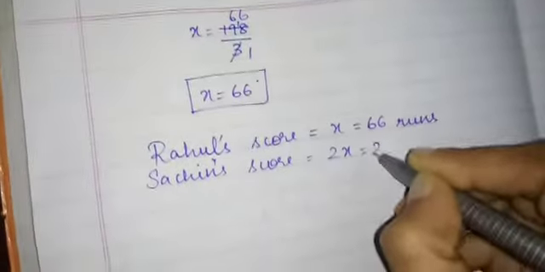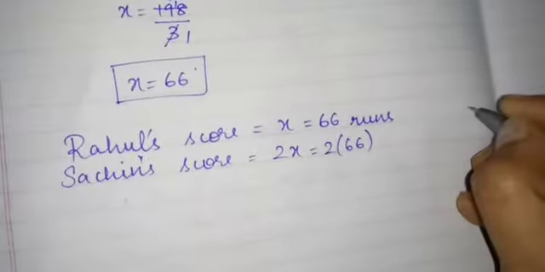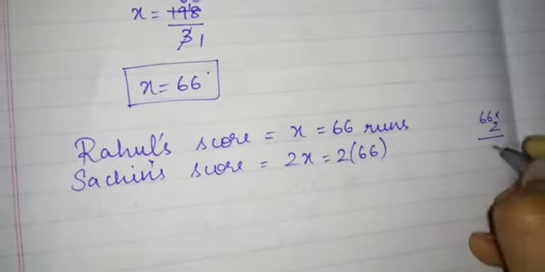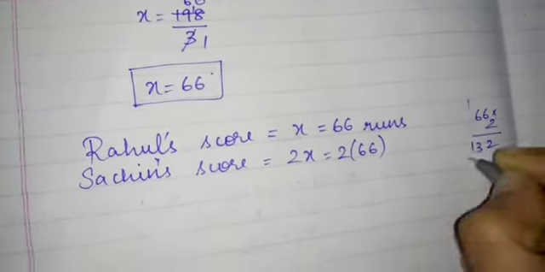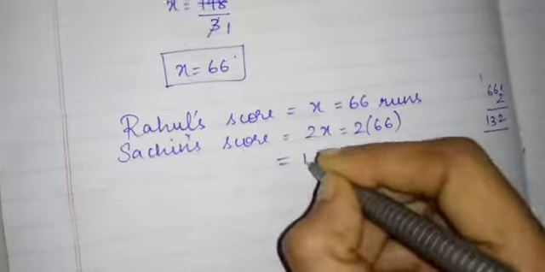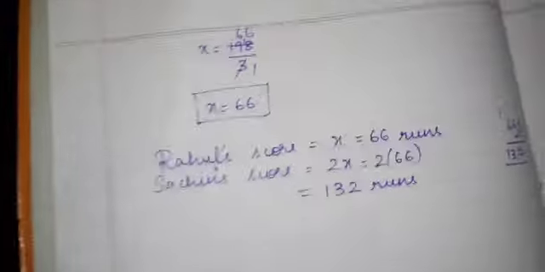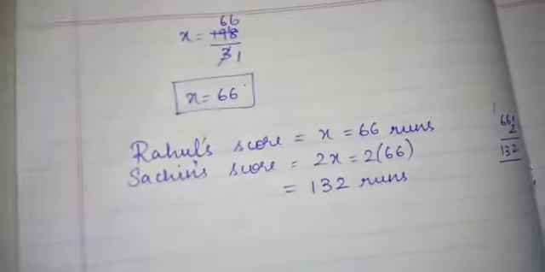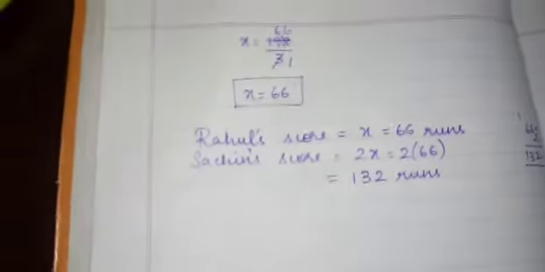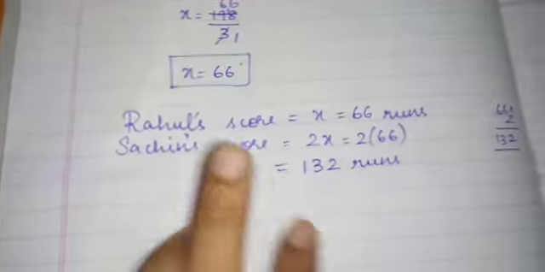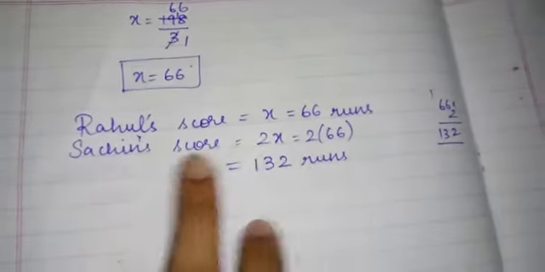So 2 into 66. 6 2s are 12, 6 2s are 12, 13. So Sachin's score is 132 runs. If I add Rahul's and Sachin's scores now, I will get 198 runs. So our answer is correct. Okay, so I have found the values for Rahul and Sachin.